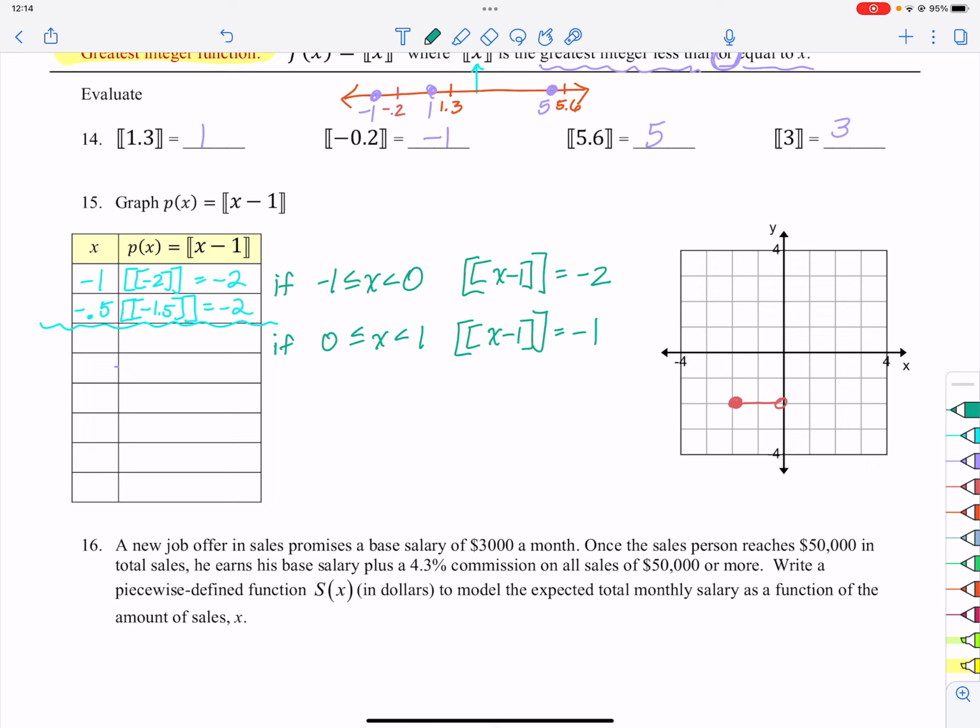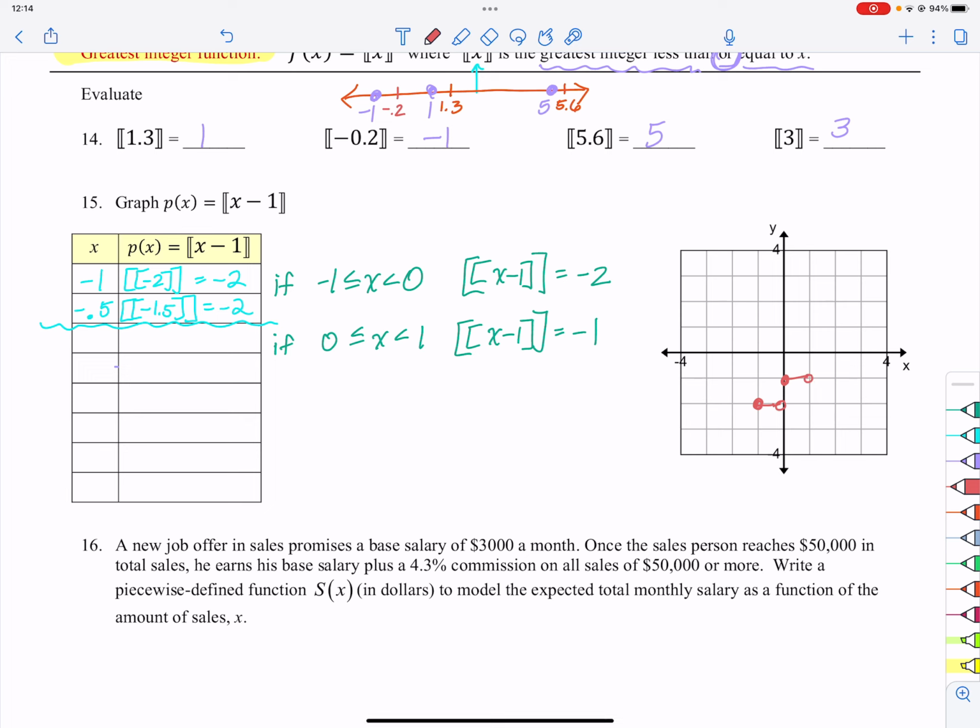Okay? And we could try a few of those out in that table if you'd like. But let's go ahead and get this graphed. So now we are closed at 0 and open at 1. Whoops, I think I might have made that other one too big. So this should have been closed and open, closed and open.